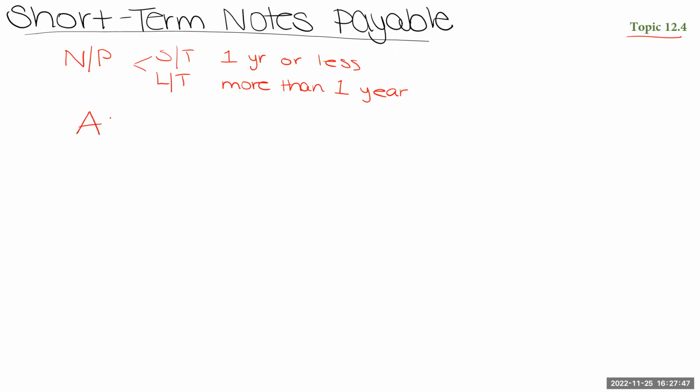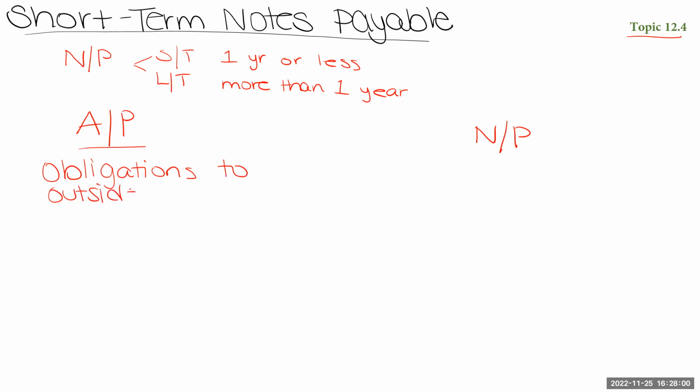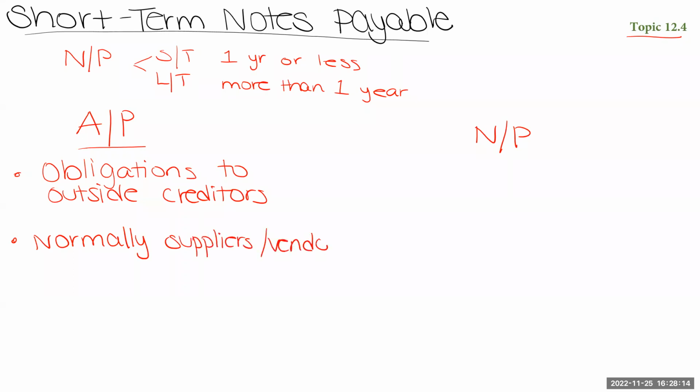Now, it's a cousin to accounts payable. Accounts payable were obligations to outside parties, or creditors. Normally they're owed to our suppliers or vendors, someone we're buying our inventory from, for example.